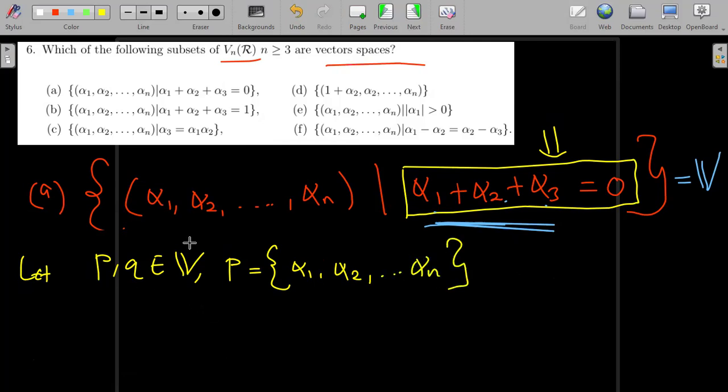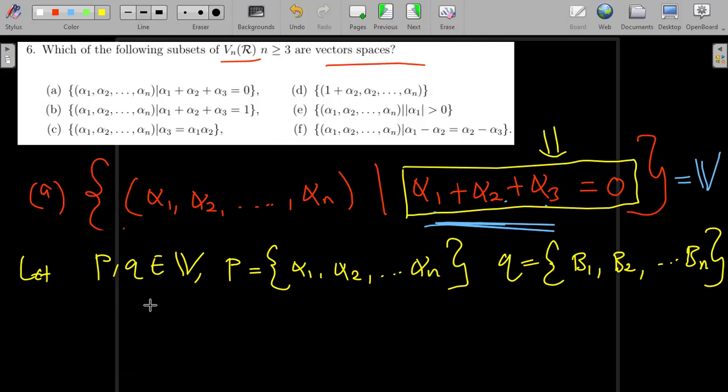So if P is a part of this, then P is that one. And then Q will be equal to, here we can choose beta. You can choose any letters to represent the members of that vector, up to beta n. So these are our two vectors.